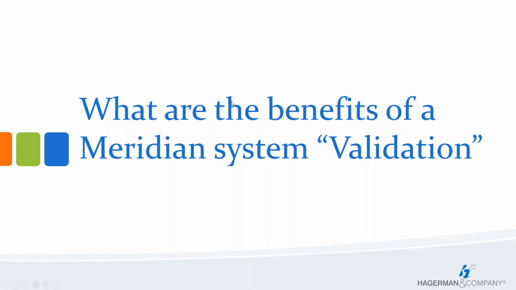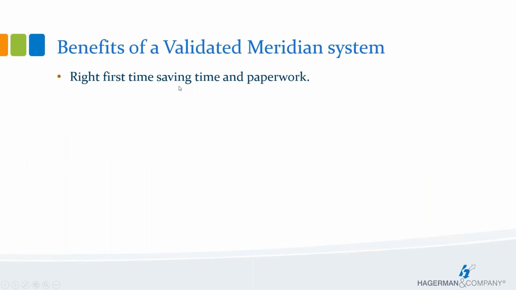And so what are the benefits of a Meridian system validation? We could go on for a while about some of these, but one of the big ones is first time right, saving time and paperwork. What this means is you don't have to go through several times and retest things and change things and test them a second and third time.